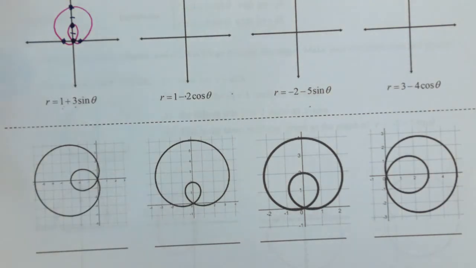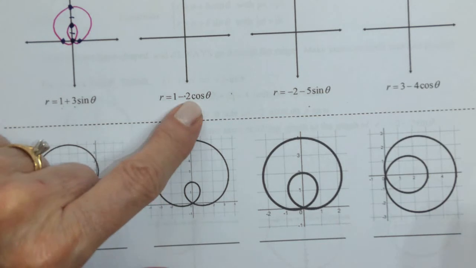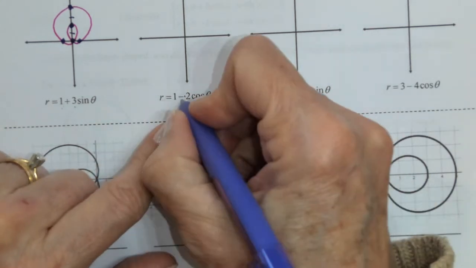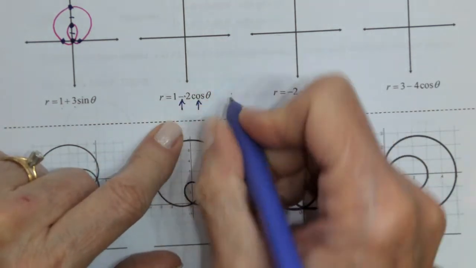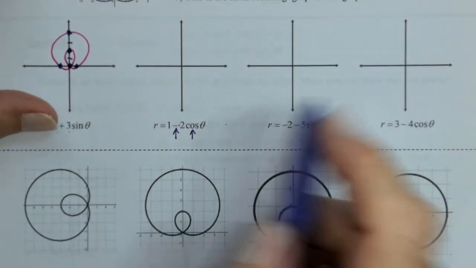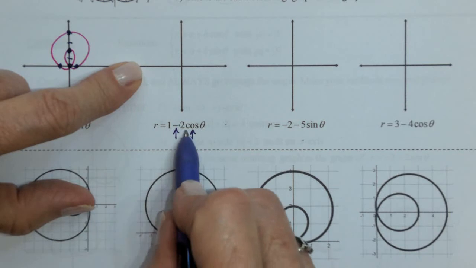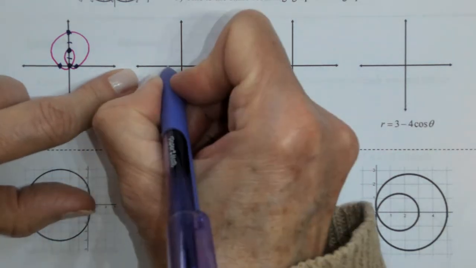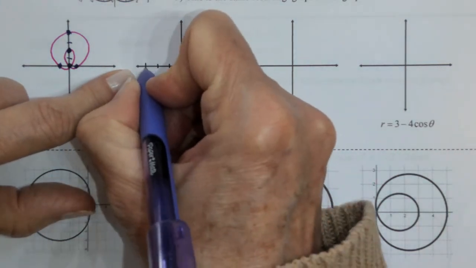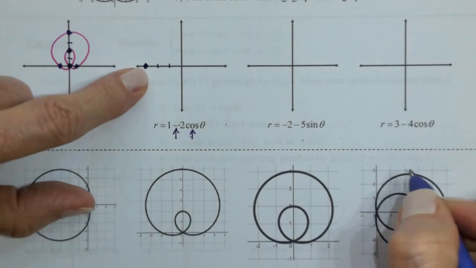All right, next one. Okay, negative cosine. So think negative x-axis. Right? The bulk of this lies on the negative x-axis. How far out? 3 units. 1, 2, 3. Okay.